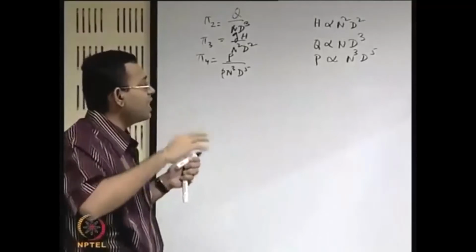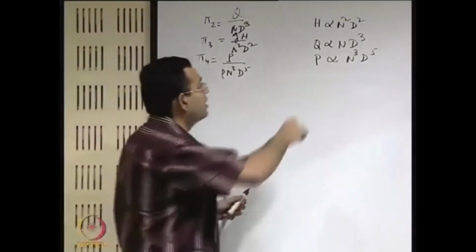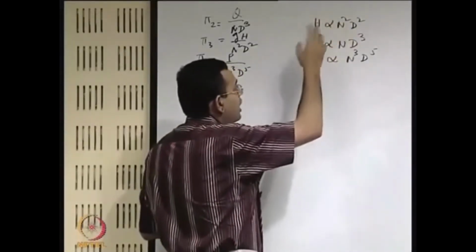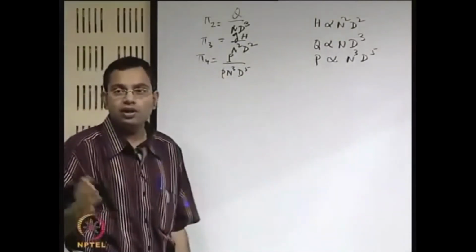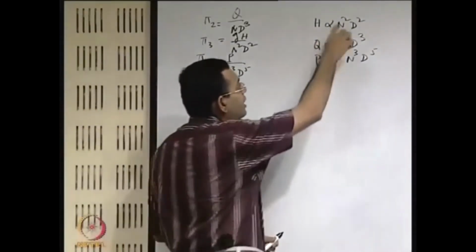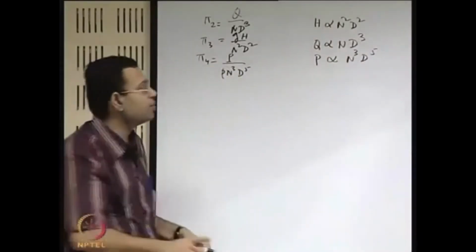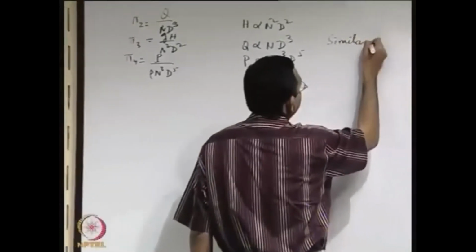If you have designed it with a particular model RPM and a particular model size, then the ratio of the heads developed in the model and the prototype, the flow rates in the model and the prototype, the power in the model and the prototype, should vary in accordance with this relationship. So, these are known as similarity laws for a rotordynamic fluid machine.